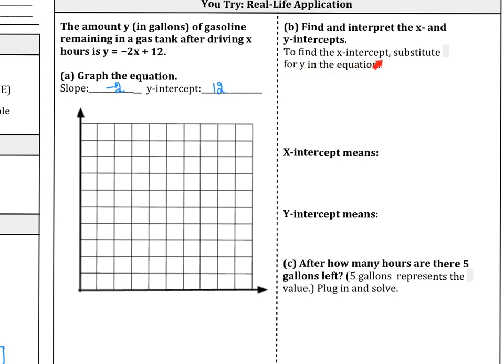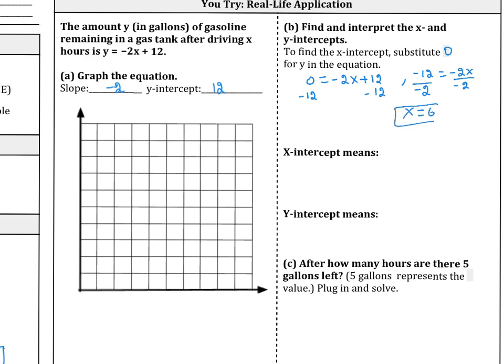To find the x-intercept, you're going to substitute y as 0 and solve for x. So you put y as 0 and then subtract 12 on both sides. You're going to get negative 12 equals negative 2x. Divide by negative 2 on both sides.